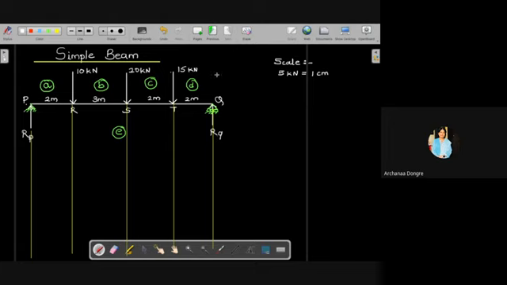So A to B is a 10 kilonewton load acting in the downward direction. 10 kilonewton will be, sorry, 2 centimeters.